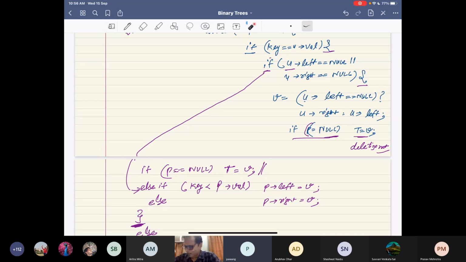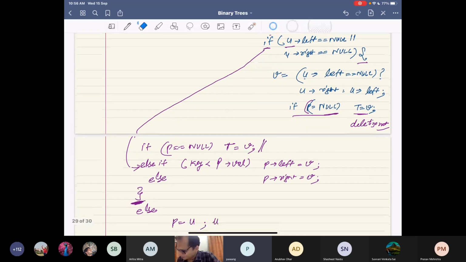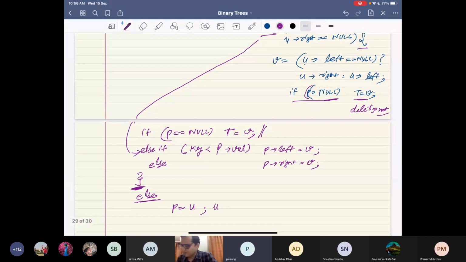That is the case where you have to find the predecessor or successor. That is what this else should be. This if is for this and else is for that. Else means I have to find the predecessor or successor.